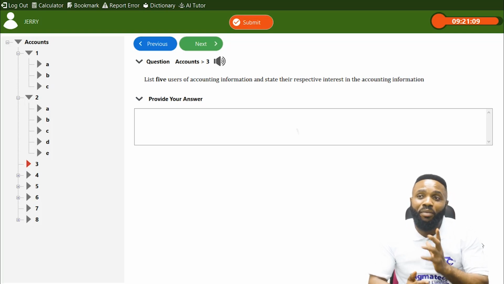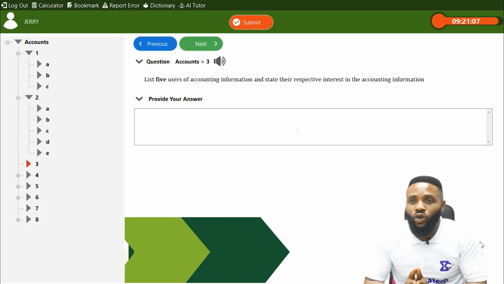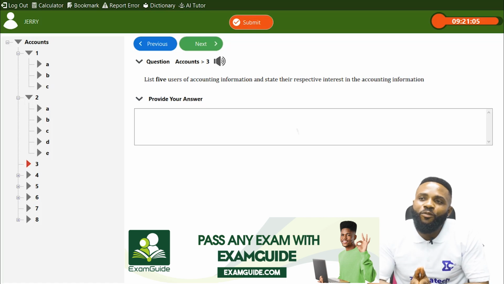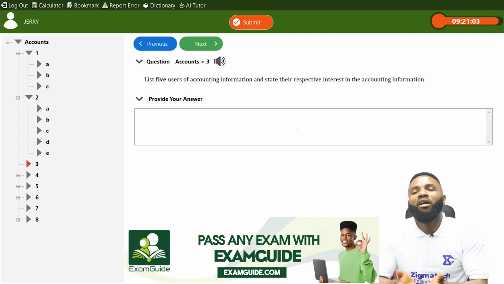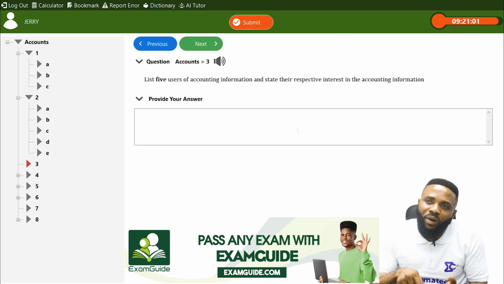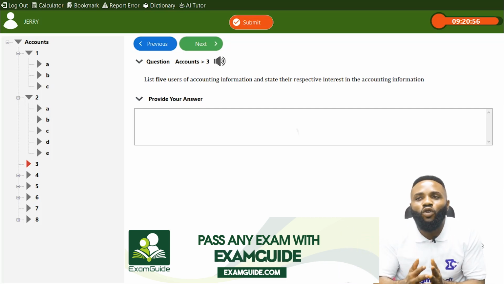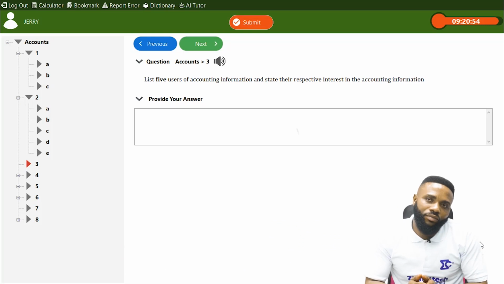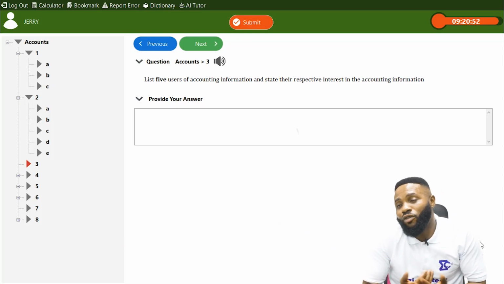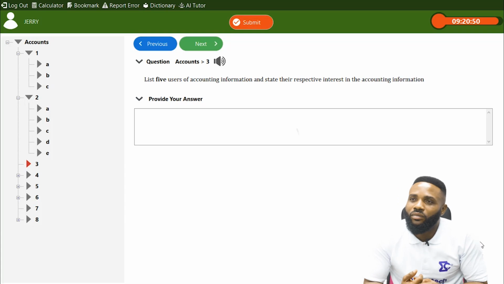Remember, I mentioned that bankers or the financial institution want to know if you are credit worthy. In the case of a supplier or a creditor, these are the persons you have gone to buy items on credit from.